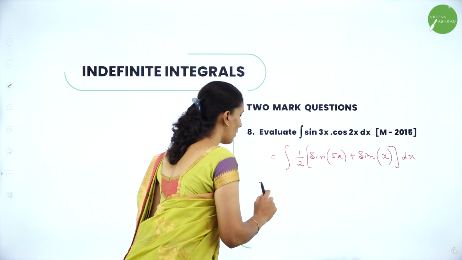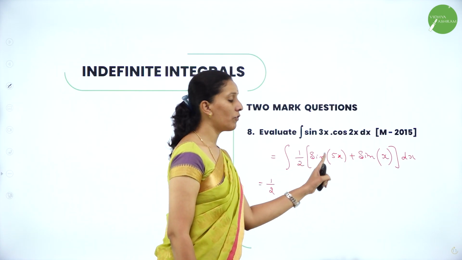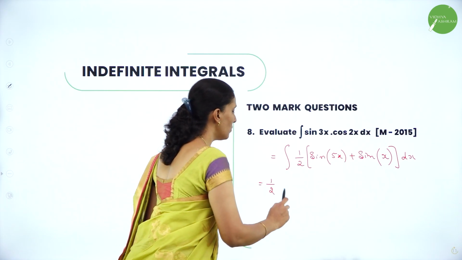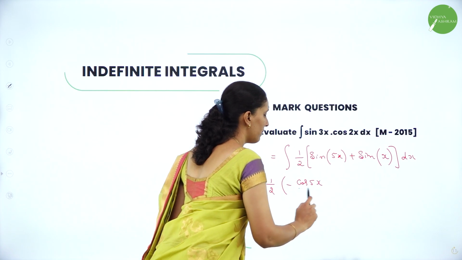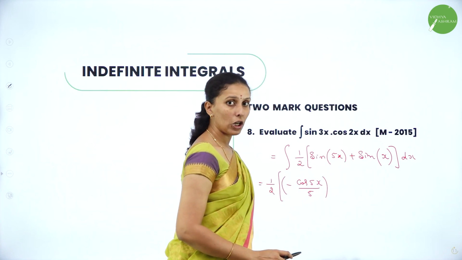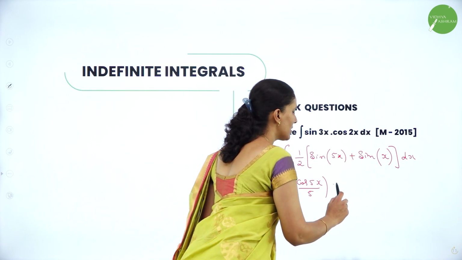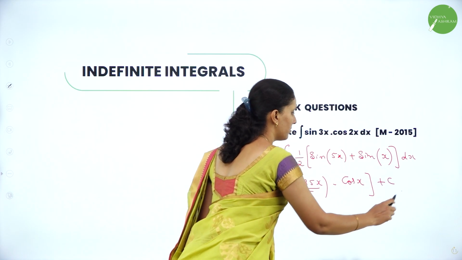I can take half outside the integral. So if you apply the integral for sine function, it will give you minus cos 5x divided by 5 here. And here also integral of sin x will be minus cos x plus c.